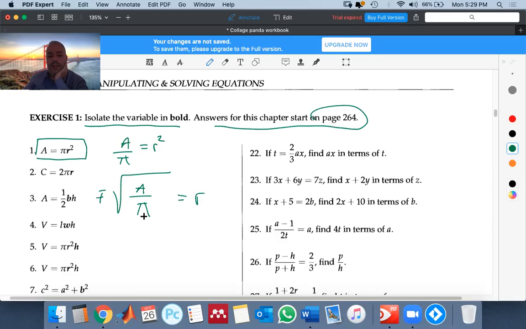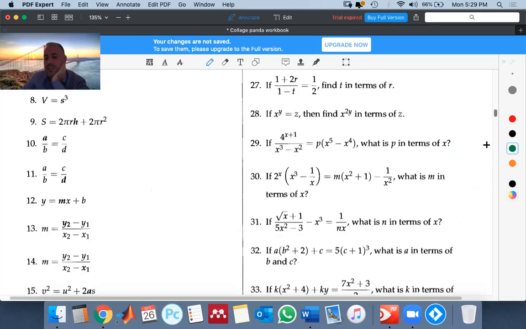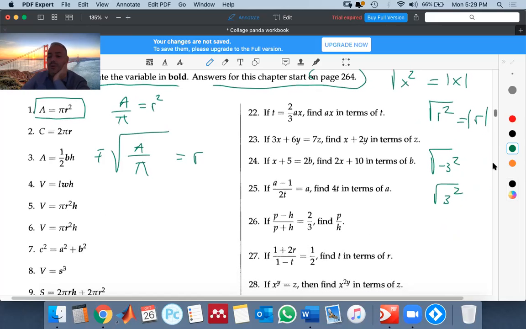Since square root of x squared is the absolute value of x, radical r squared is not r, it's the absolute value of r. Since you don't know whether this is -3 squared or +3 squared, for that reason, this. And when you have the absolute value of anything, the rule is plus minus a. Okay?